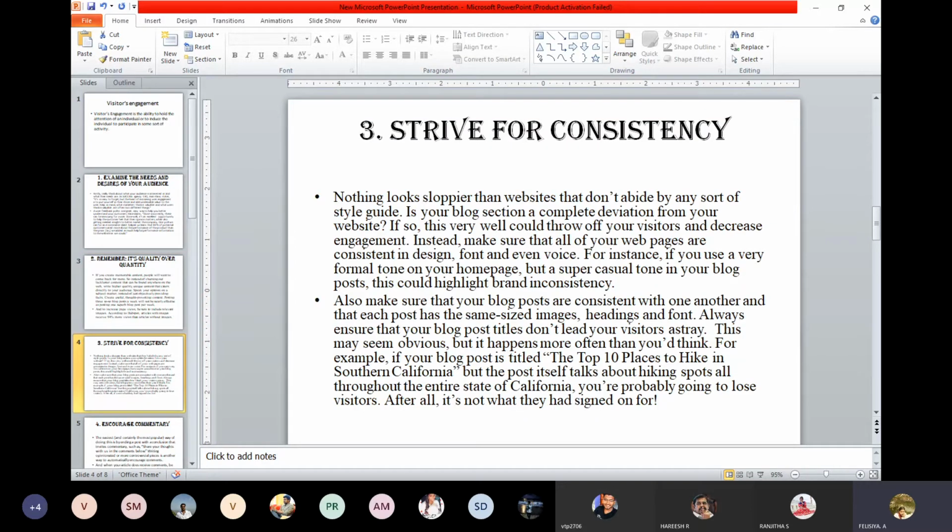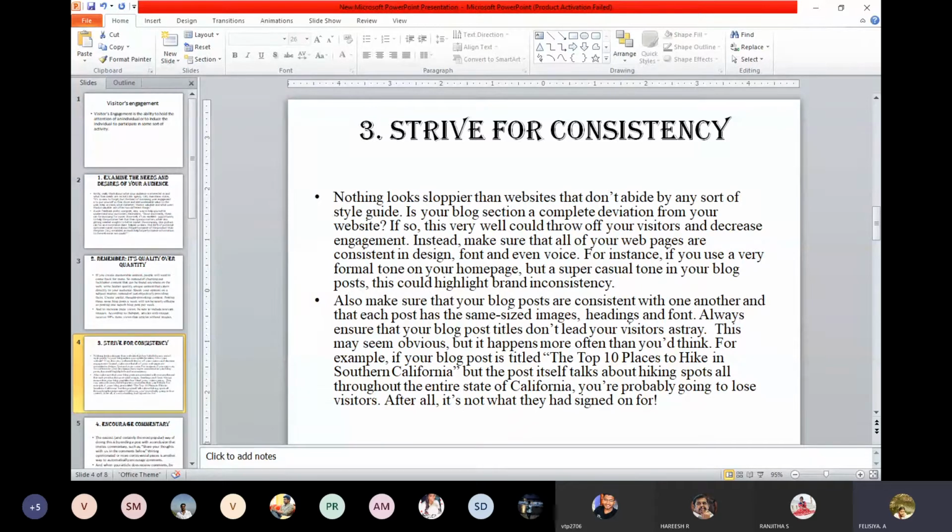Then you have to strive for consistency. See, if you are writing content, make sure that it is updated, and you should consistently update your blogs or web pages. Okay, and make sure the content is relevant.